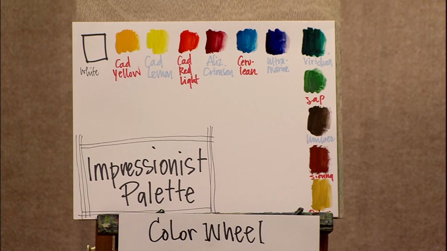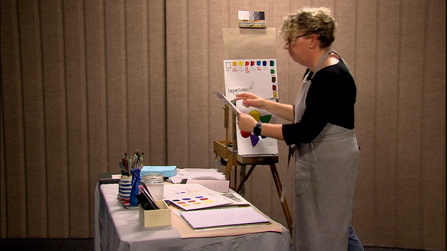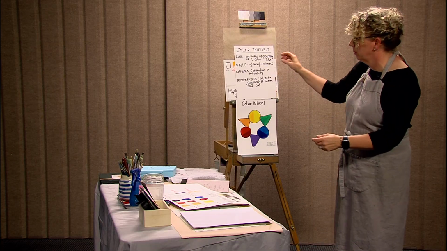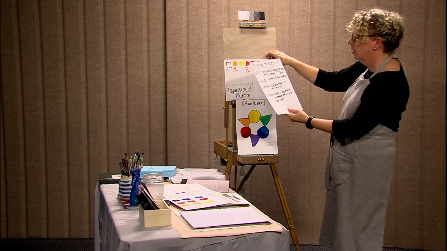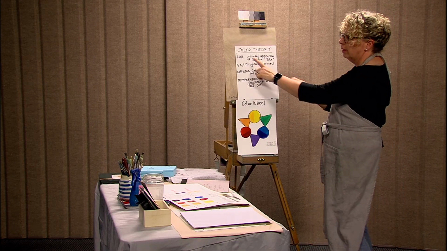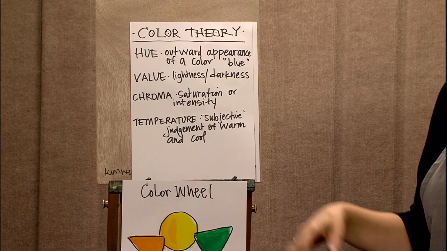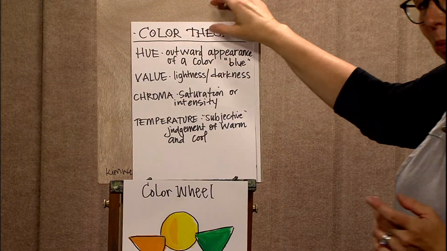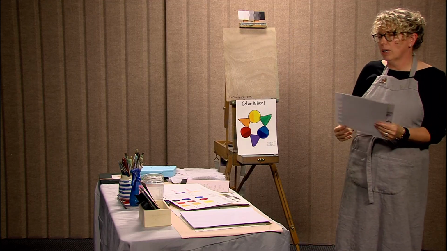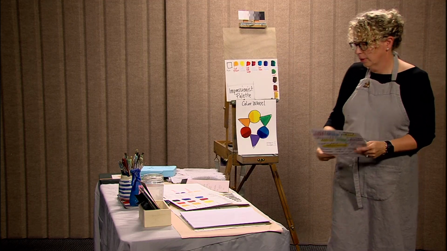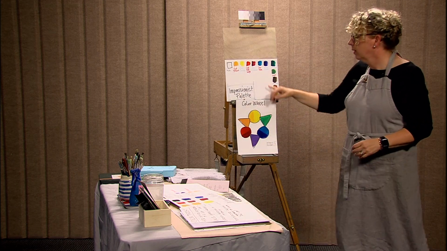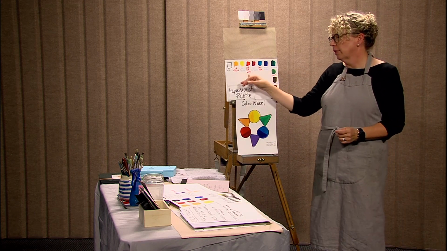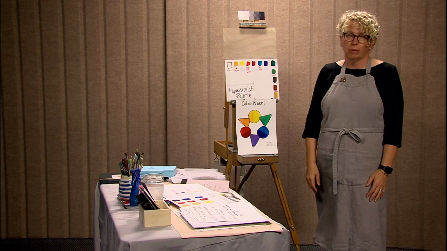Quick note. I had talked about color theory, right? There's the hue, the outward appearance of a color. So that's the color theory name for hue. When you go to an art supply store, you're going to see cerulean blue, or the cadmiums are so expensive.